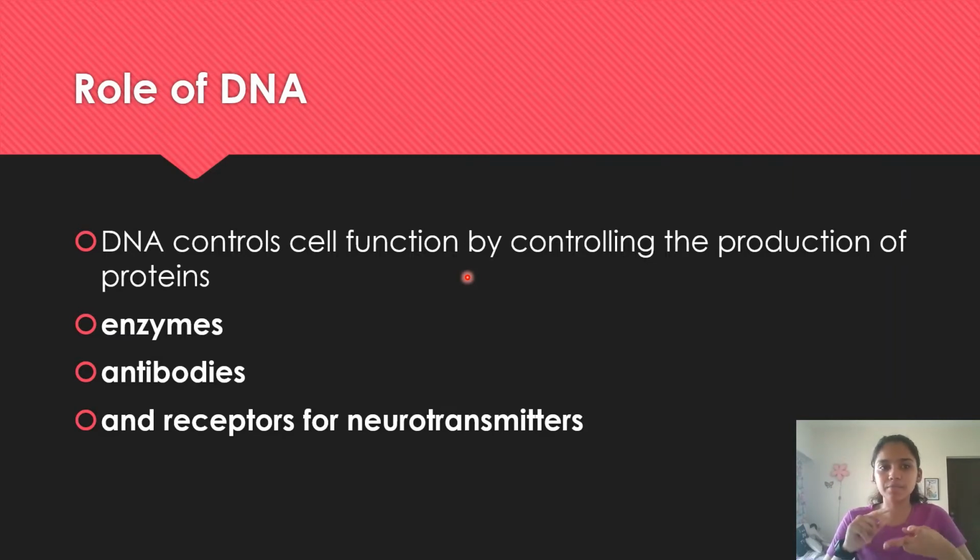Antibodies come in chapter 10, and enzymes we've already done. Enzymes are proteins. So just remember, DNA controls the production of proteins, and proteins control cell function. For example, a protein could be an enzyme, which is used to catalyze reactions, or an antibody, which is used for your immune system, or a receptor for a neurotransmitter, which is used in coordination and response. These three terms are extremely important.